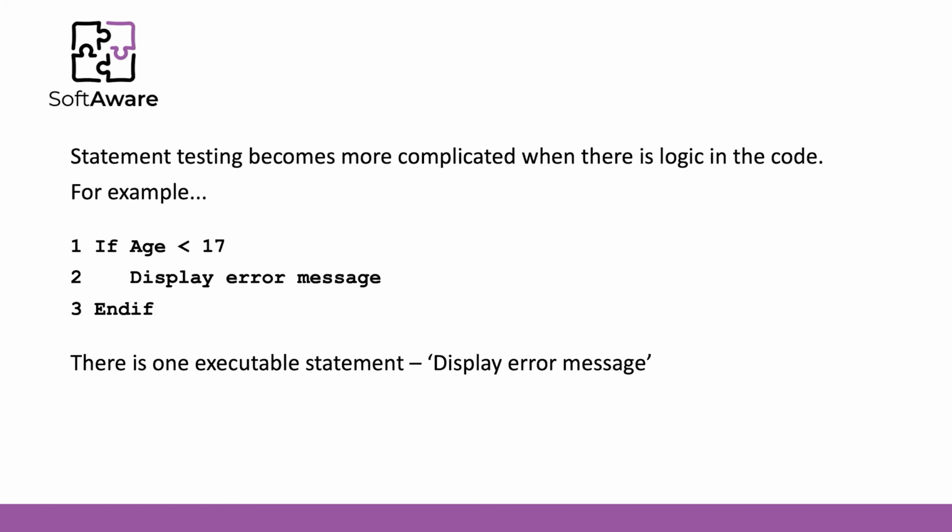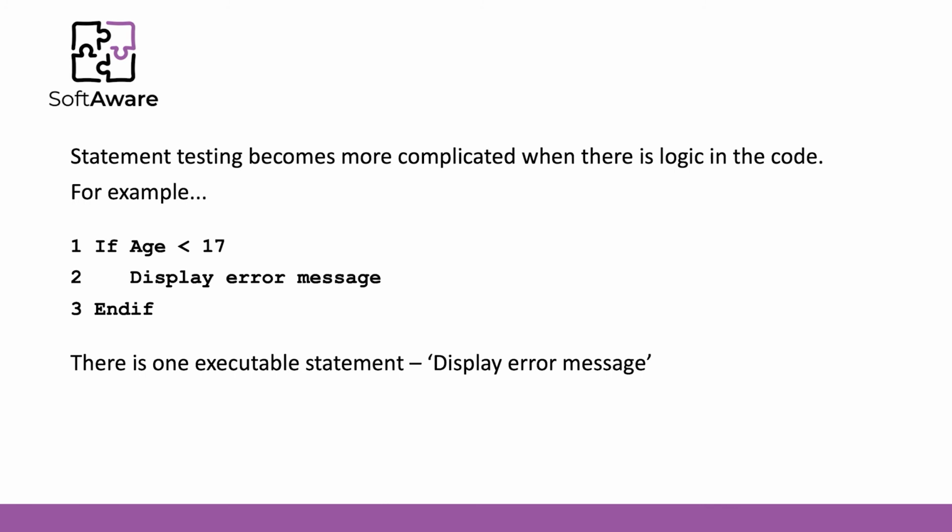Looking at another example, for instance, another one that also has 3 lines of code, you can see that there is only one executable statement in here, that's the one present in line number 2, that displays an error message. The other 2 lines are lines of code, but the first one is a decision, and the last one is the end of the block that gets executed if the decision is assessed as true.